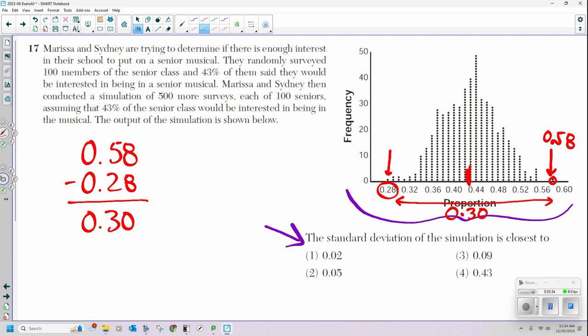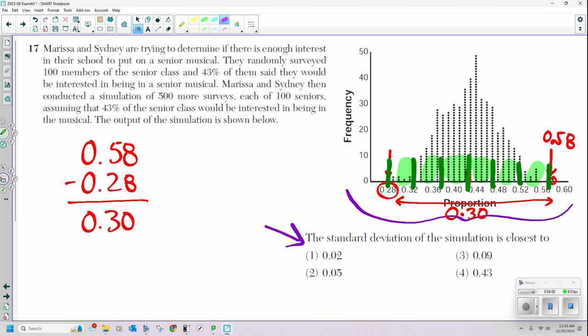What I know about standard deviation is the following. There's the middle, and there's 3 standard deviations on the right, 1, 2, 3. And there's 3 standard deviations on the left, 1, 2, 3. So how many spaces do I have in between here? 1 space, 2, 3, 4, 5, 6.